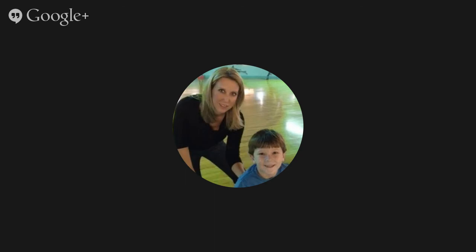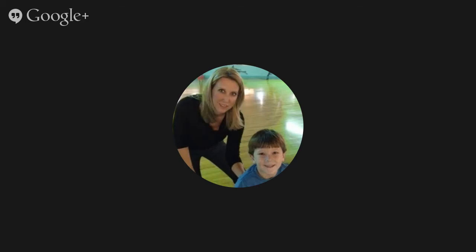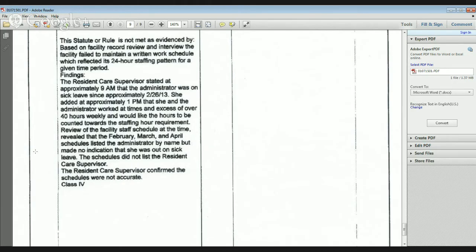Well, it sounds like what happened here is that the surveyor didn't even know that the administrator was out on sick leave for 3 months or whatever that was. But the real problem was that they didn't have a 24-hour staffing pattern. And it just sounds like they were short, and they were trying to say that these supervisors were working extra hours and that should be counted, but it was nowhere on the schedule or indicated.